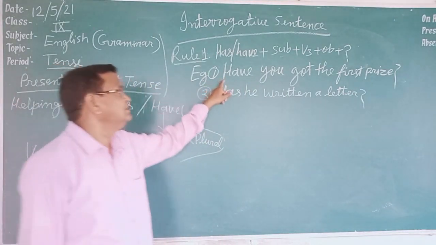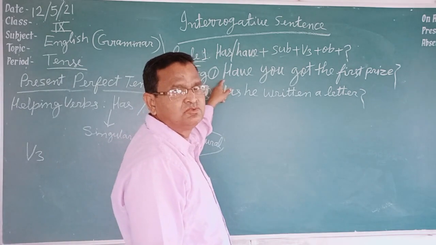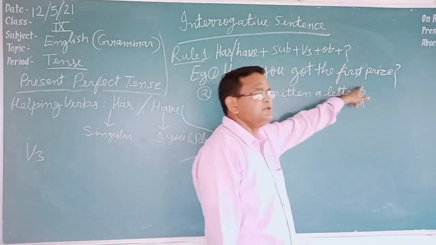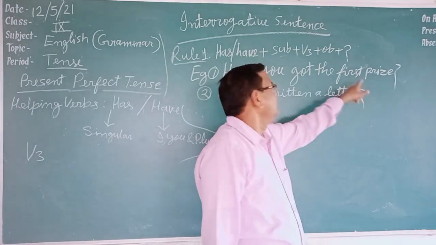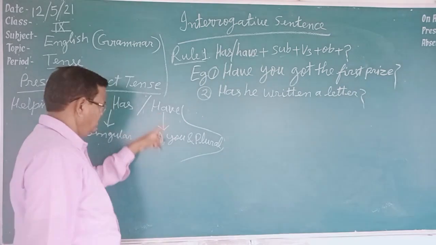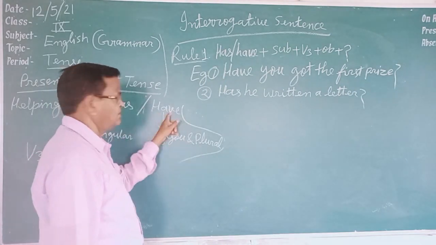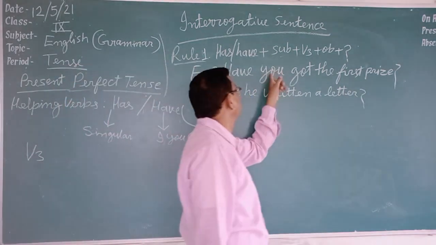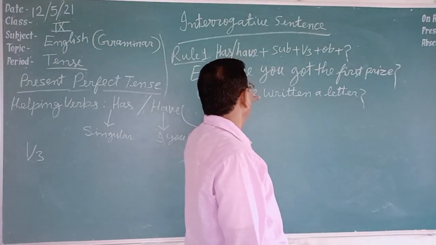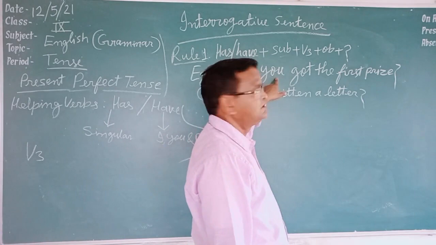These two sentences are of present perfect tense, interrogative sentences starting with a helping verb. Have you got the first prize? Here have is used because the subject is you. I and you, and plural subjects, are followed by have. According to the rule, has or have will be used according to the subject.